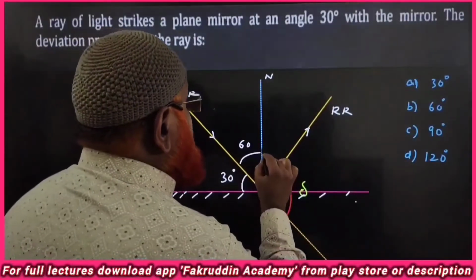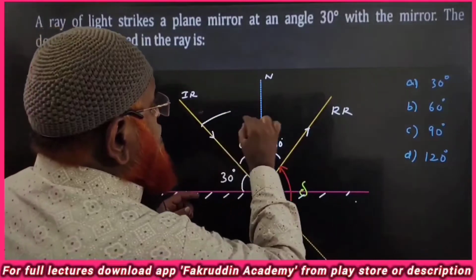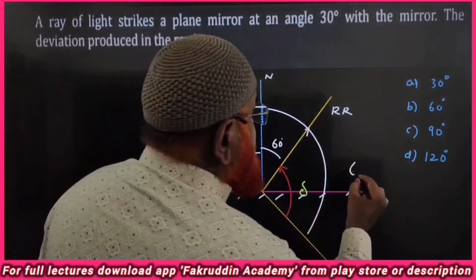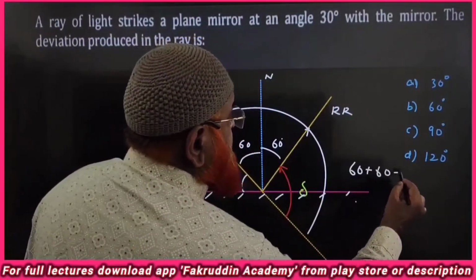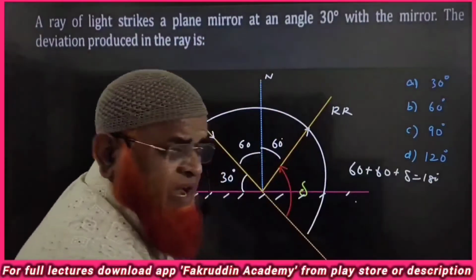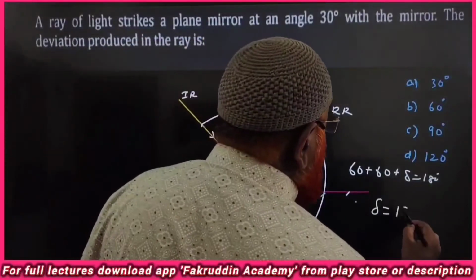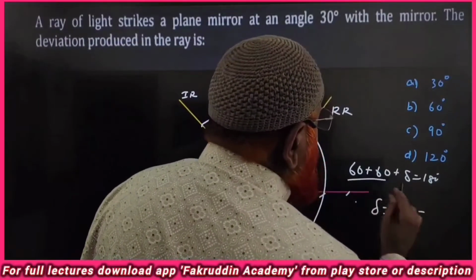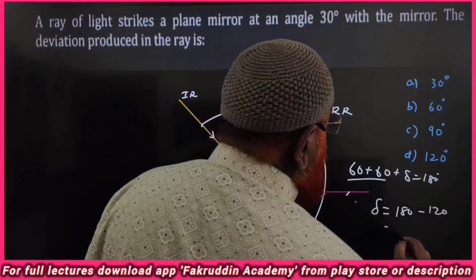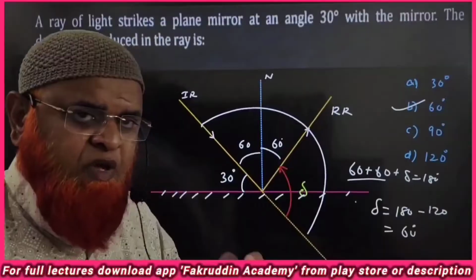So this is 60, which means this is also 60. Here the total angle, if you consider 60 plus 60 plus deviation is 180 degrees, because this is a straight line which makes 180 degrees. Therefore, deviation is equal to 180 minus 120, which is nothing but 60 degrees. So this is going to be your answer. Hope you have enjoyed.